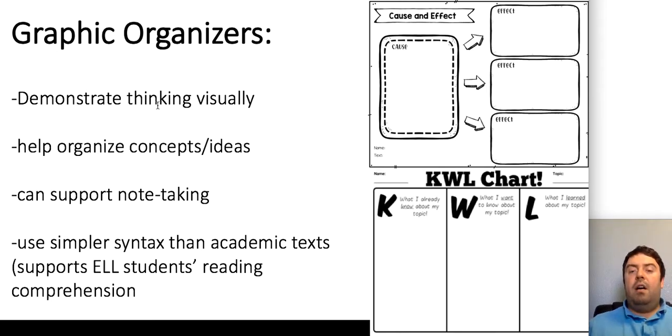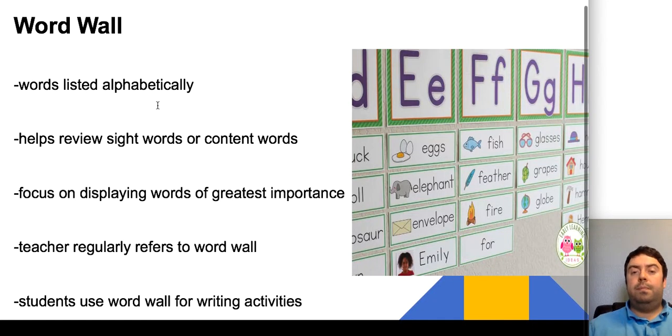The benefit of graphic organizers is that they add a visual support where students can use less language to still understand the key meaning or purpose of that specific thinking process. So with a cause and effect chart, the student might write shorter sentences and have a little less stress expressing their point of view, but they're still getting the concept of what is a cause and what is an effect and the relationship between the two.